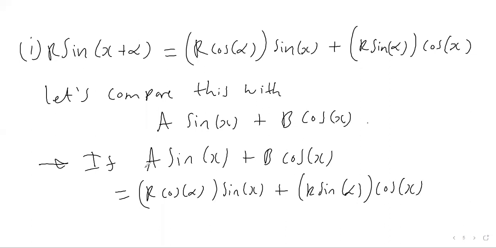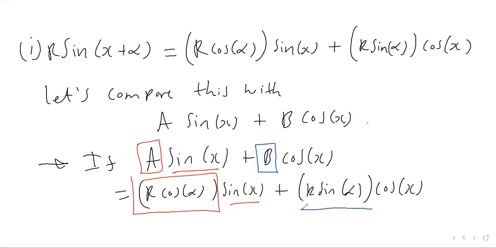If this linear combination of sine and cos is equal to this angle sum addition formula for sine, then that means that this number here must be equal to this number there. You've got a sine x there and a sine x there, so these coefficients must be exactly the same. And it means that this coefficient b must be exactly the same as this r sine alpha, because you've got a cos x there and a cos x there.